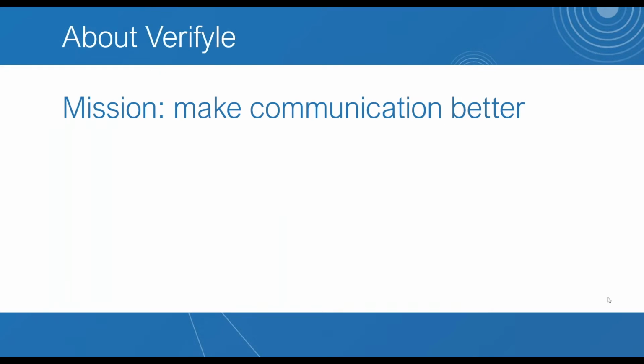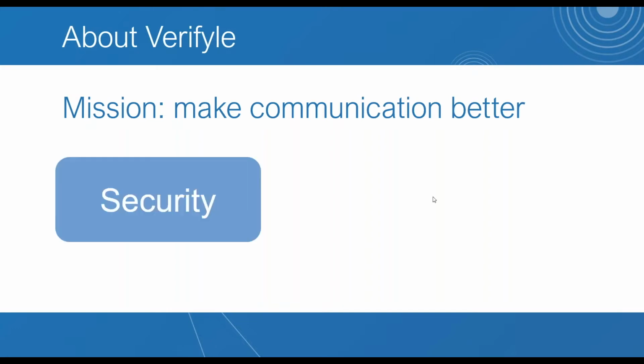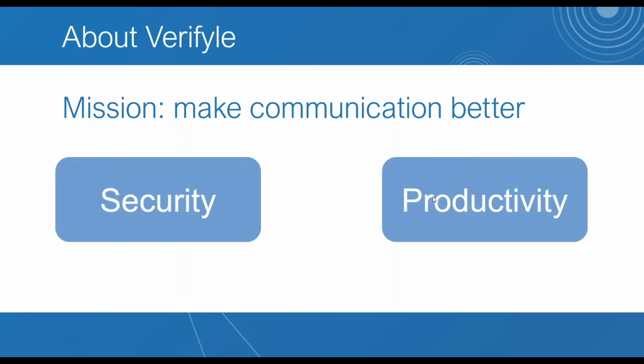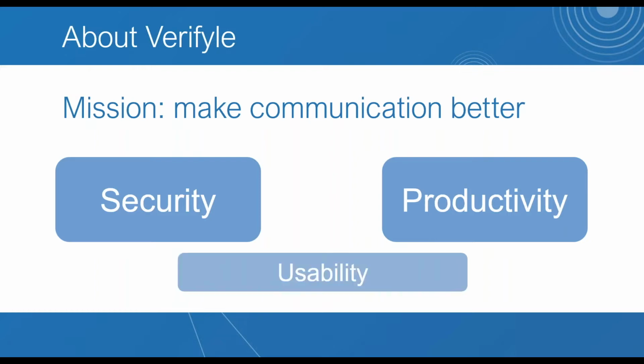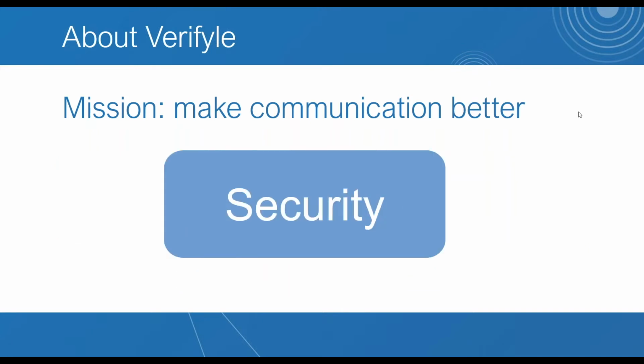And we see two key aspects of communication. Those are security and productivity, neither of which should come at the expense of usability. The reason we place such persistent emphasis on security is that we believe the near-term future of business communications will be characterized by two types of organizations and professionals.